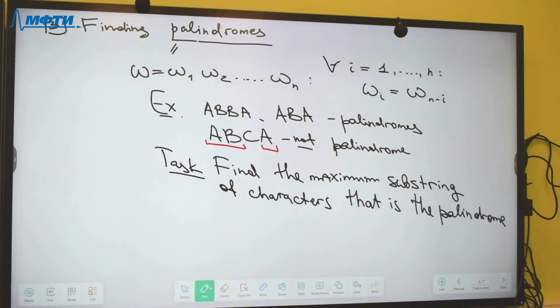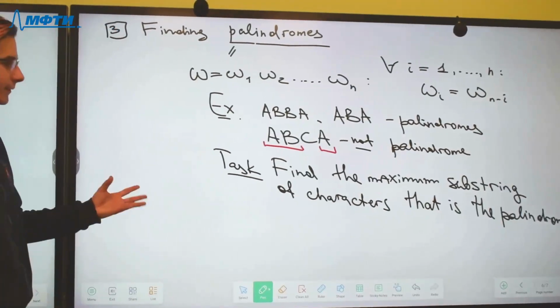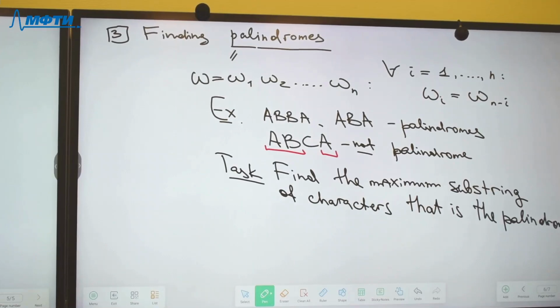So how to find the two-dimensional dynamics here?